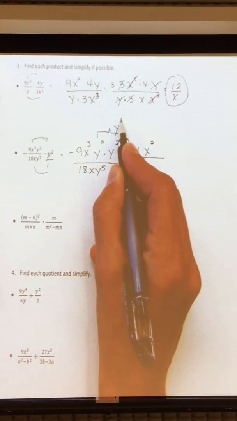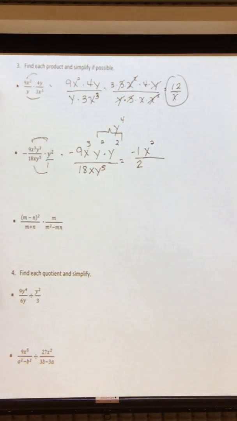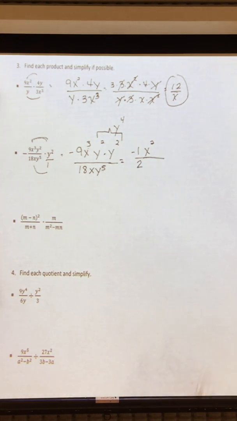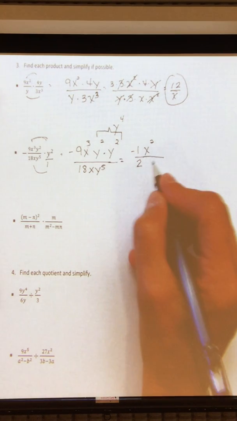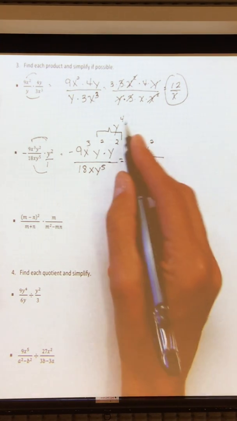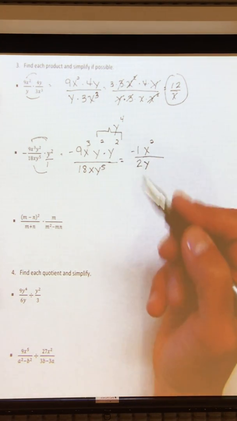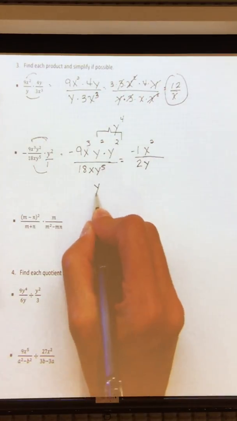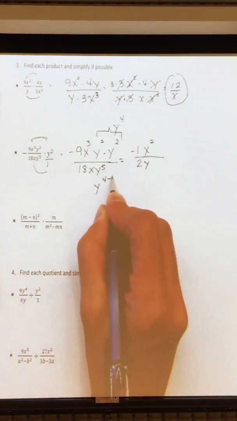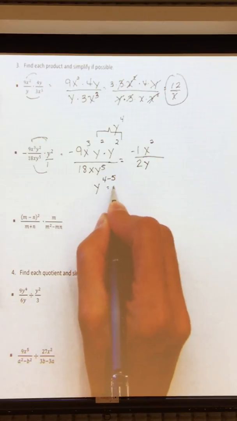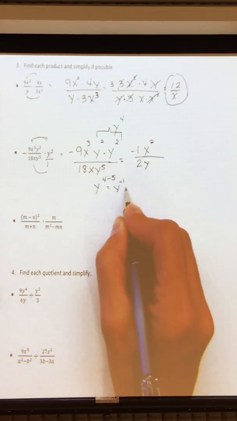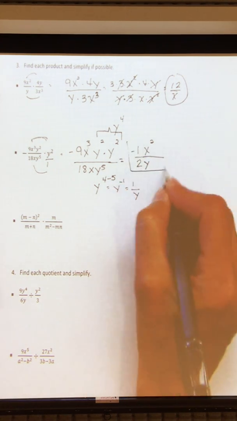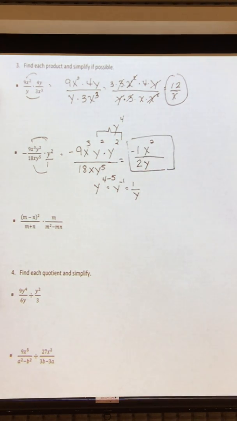So here you have y to the 4th. y to the 4th over y to the 5th is 1 over y. Again, 4 minus 5 is -1, y to the -1. Let me write this down. 4 minus 5 is y to the -1. Y to the -1 is 1 over y, and that is our final answer.